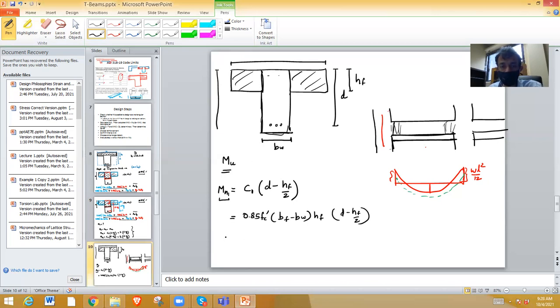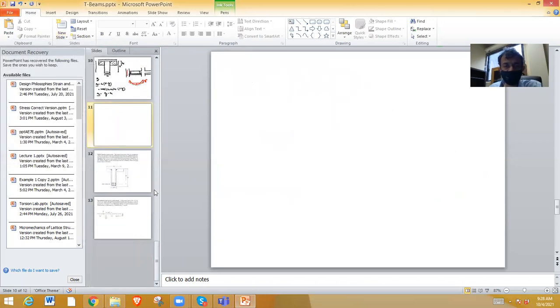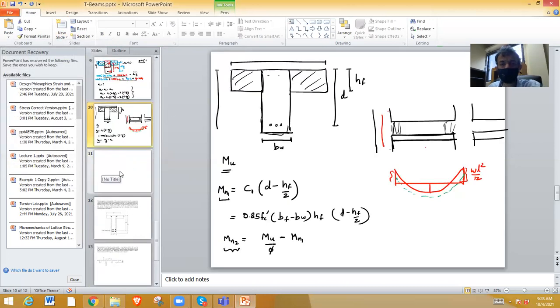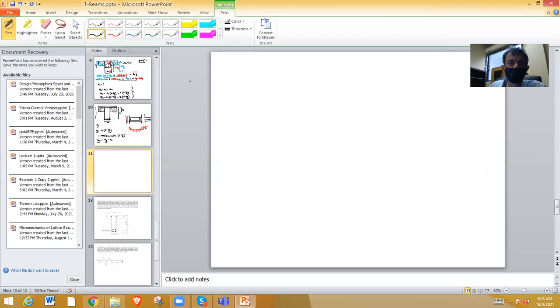So how much is the additional capacity we need? That is Mn2. That is Mu by phi minus Mn1, just like the doubly reinforced beam. So now we know Mn2, right? Now this procedure I'm showing is slightly different than the textbook procedure, but I think it is maybe easier. It's up to you.